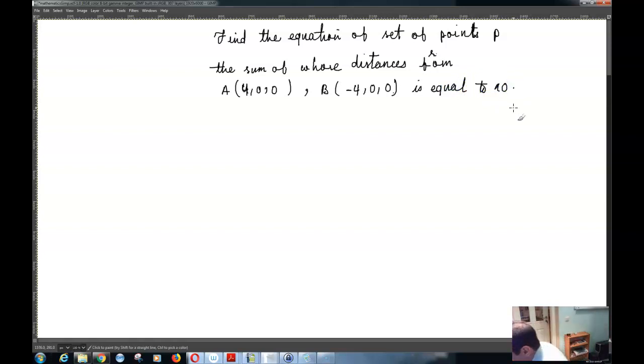Okay, so if I assume that, for example, the point P is some point in space whose coordinates are x, y, z, then the distance between P and A would be AP, and the distance between P and B would be BP, is equal to 10.